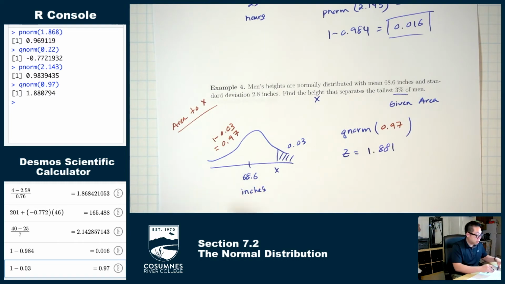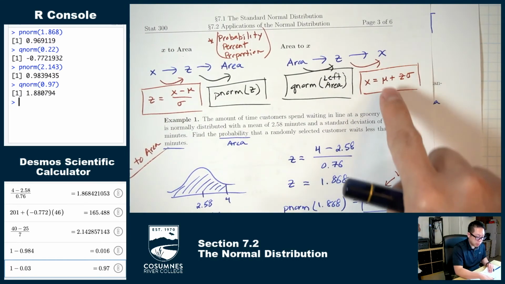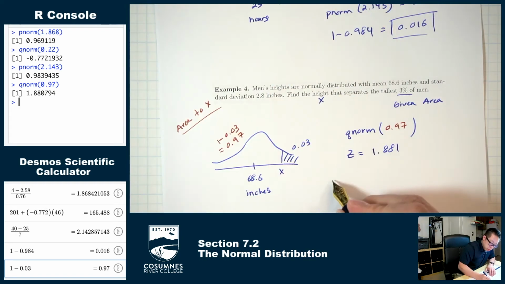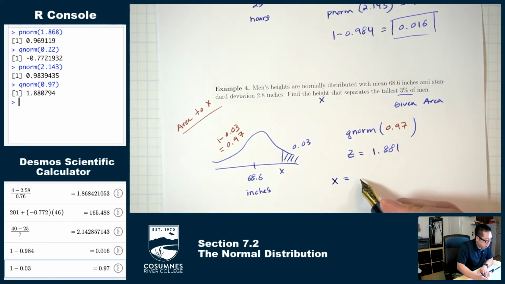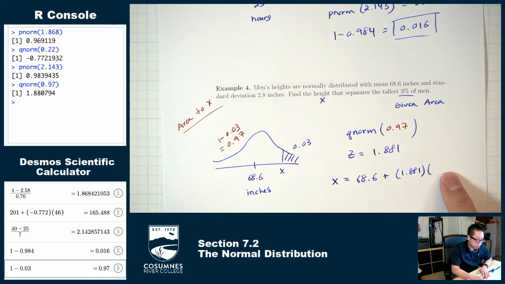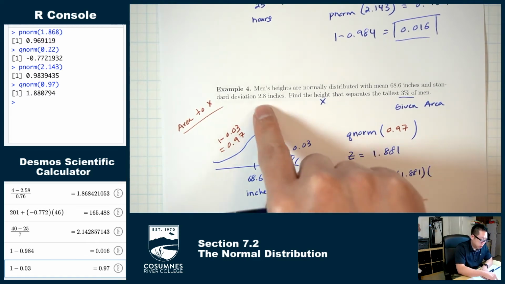And then finally, last step, go from Z to X using this formula for X. So X equals the mean, 68.6, plus the Z, which is 1.881, times the standard deviation, 2.8.